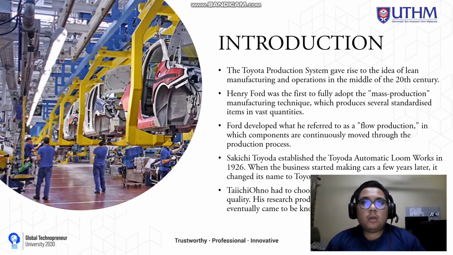Toyoda and Taiichi Ohno worked together to create a new production method. They concluded that they could produce goods more quickly, more affordably, with better quality, and most crucially, with more value by correctly sizing machines for the real necessary volume and adding self-monitoring devices. Ohno did not have to choose between sacrificing efficiency for quality. His research produced various cutting-edge concepts that eventually came to be known as the Toyota Production System.